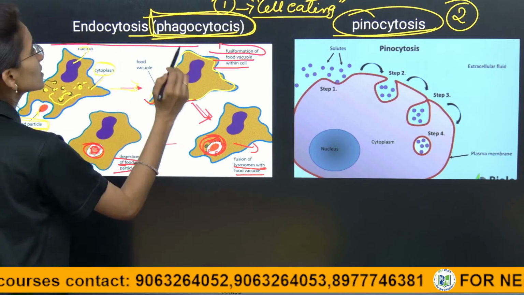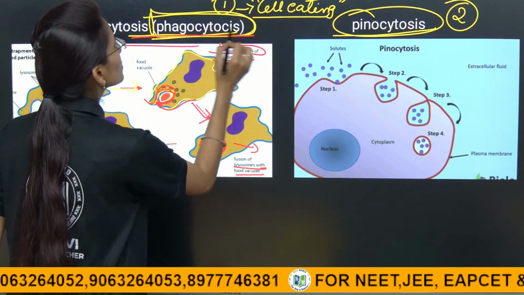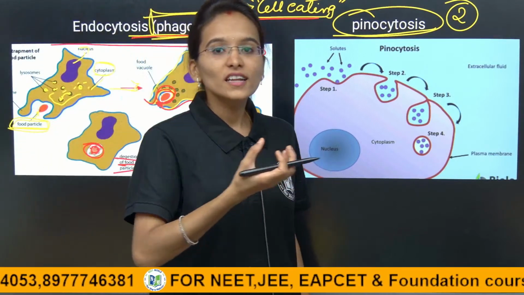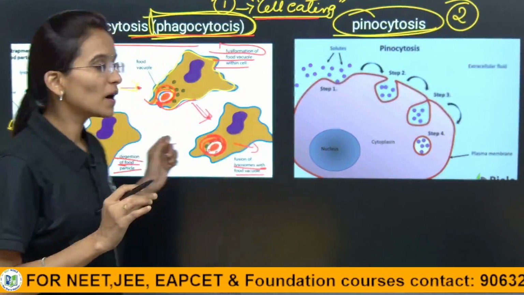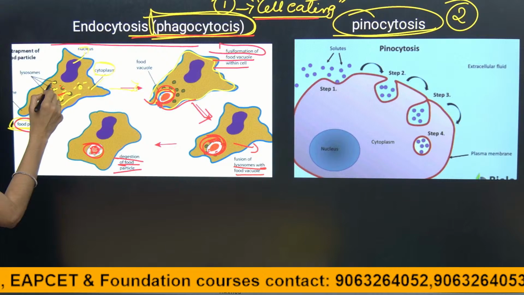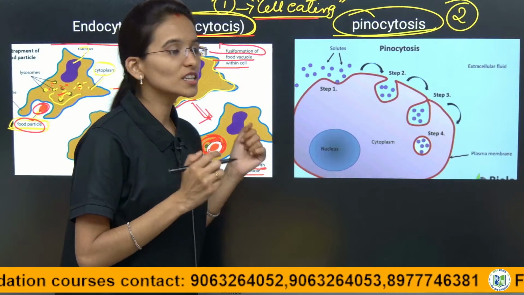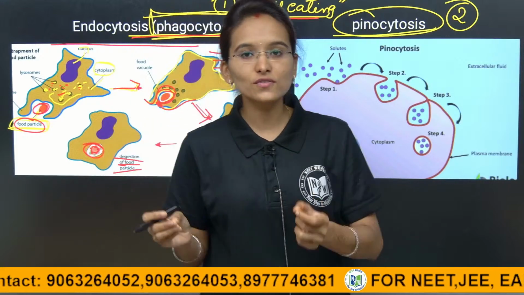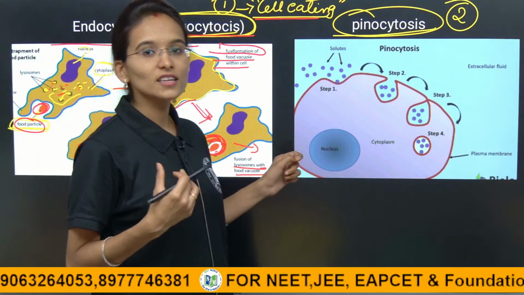This process is called the cell eating process, or phagocytosis, where it is going to feed and capture the large food particles. In the first case there is a food particle, and inside the cell we have the lysosomes. In the next stage the plasma membrane is going to invaginate the food particles. Next it is going to form the vesicle, then fuse with the lysosomes, and later all the food particles are going to be digested by the lysosomes.